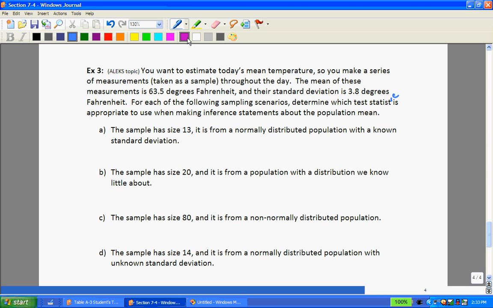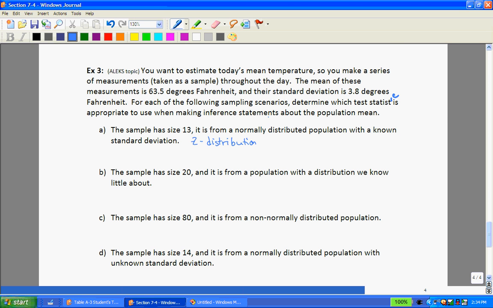Because the standard deviation is known, I can go ahead and say that I'm going to use a z-test here, the z distribution. Well, we do still want to know about it being normal. That's still important. But if we know that we have the standard deviation, then we can automatically go ahead and use the z distribution.